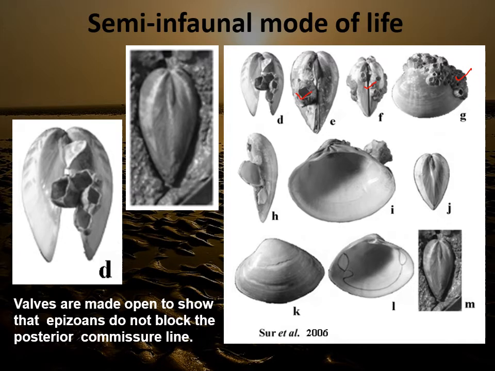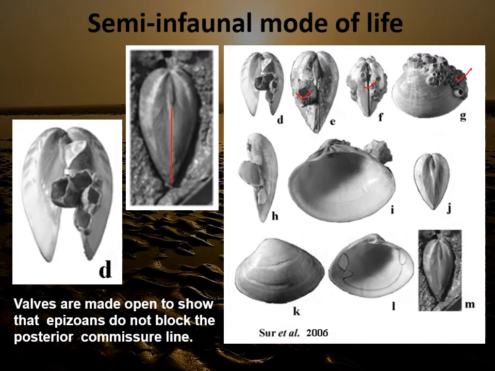Now, if the bivalve is in living condition, the bivalve will not allow the barnacles to settle over the posterior commissural line.